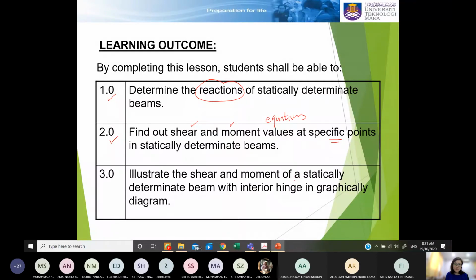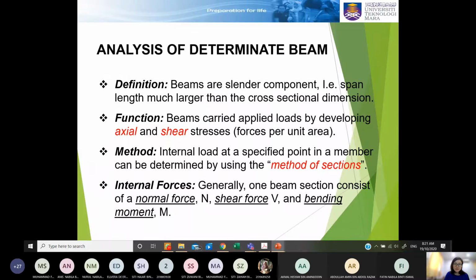Of course, I will also show in these slides the shear force diagram and bending moment diagram. There are some reading slides here that you need to go through later.